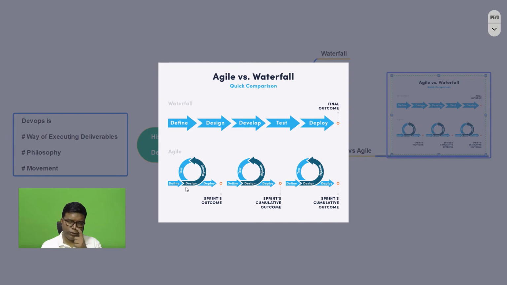A sprint is usually about 2 weeks, and depending on your product or project, this may change, right? So every sprint there is an outcome, and these will be incremental. So we have to assemble the code and make it work in every sprint, and it moves on from there.